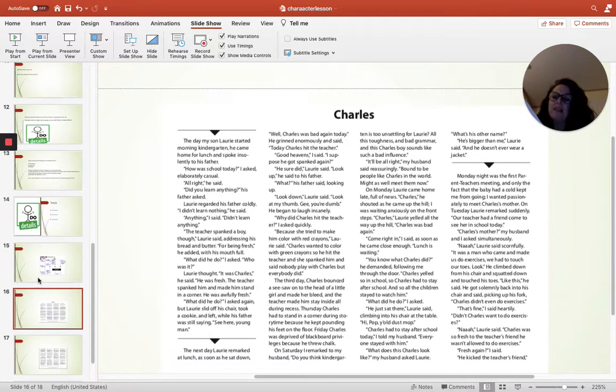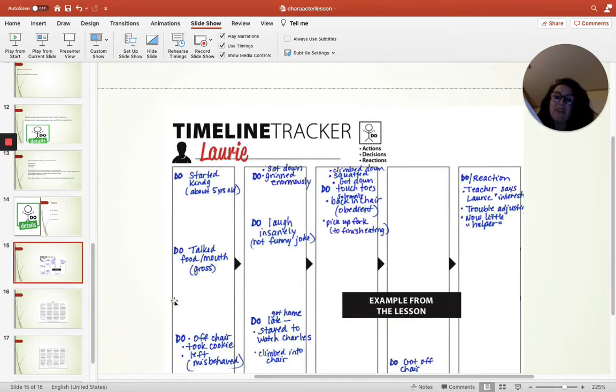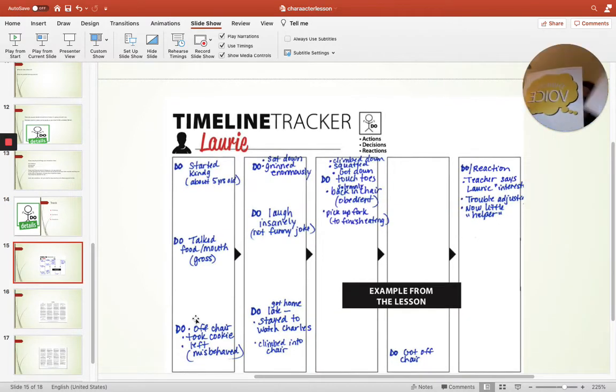Okay, let's think about that. What did Lori do? Well, I remember from using my reading voice that he took a cookie, right? And he slid off the chair. I'm going to write that down because that's what he did. And then I'm using my thinking voice, and what I'm thinking, I'm putting in parentheses. I'm thinking, that's misbehaving, right?